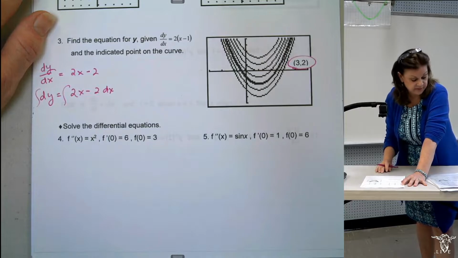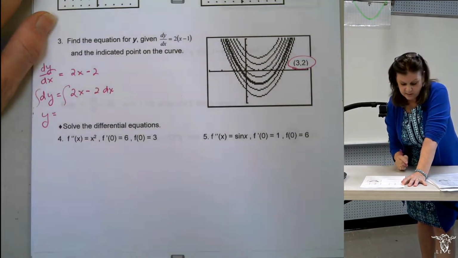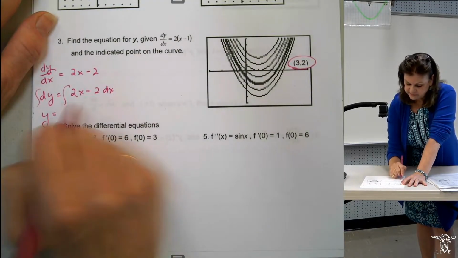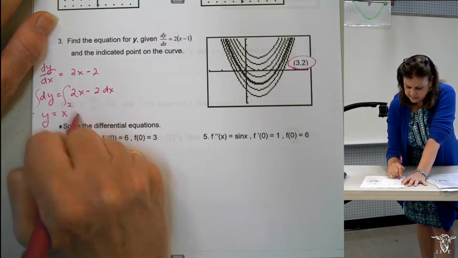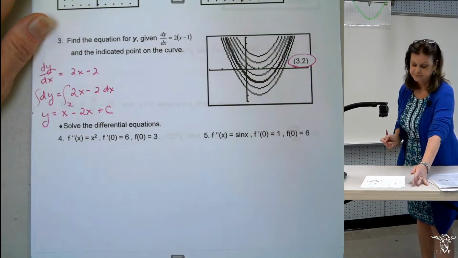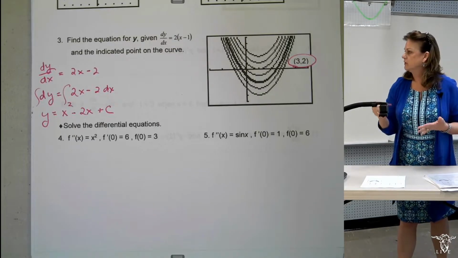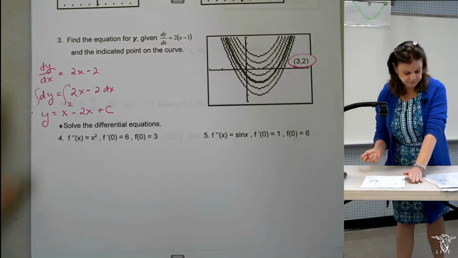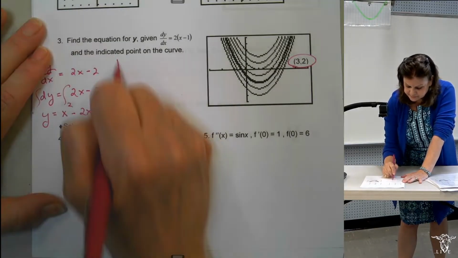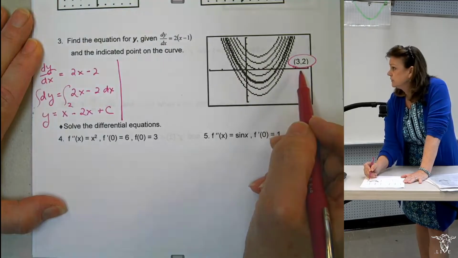So the antiderivative of 1 dy, y. And then you've got the antiderivative of 2x, so x squared minus 2x, and of course our constant of integration. So we've got our separation, our integration, our constant of integration. Now there's not a lot of room to work here. They gave us this initial condition of 3, 2.